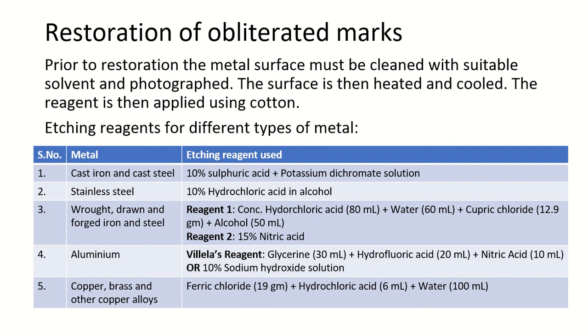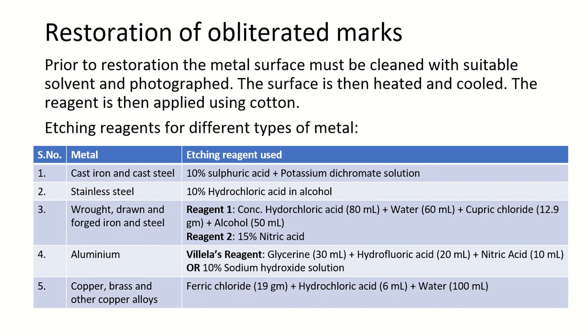For wrought, drawn and forged iron and steel, there will be two solutions. First is concentrated HCl 80 ml, 60 ml water, 12.9 gram cupric chloride and 50 ml alcohol. Reagent 2 is 15% nitric acid.